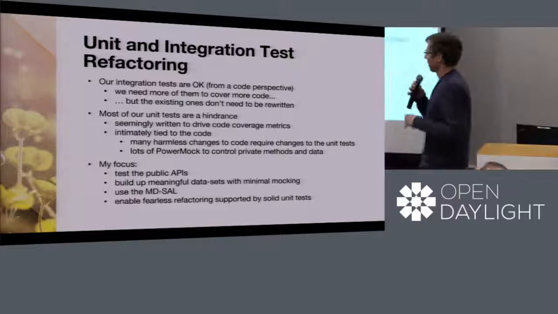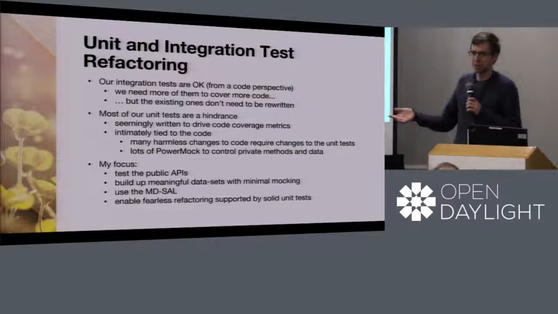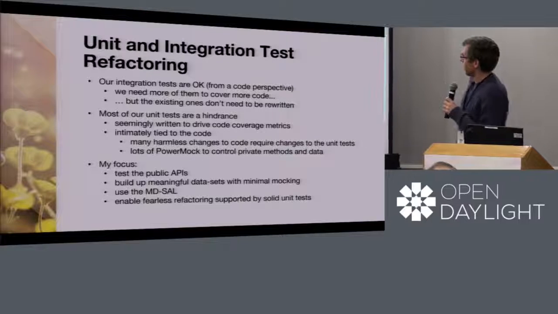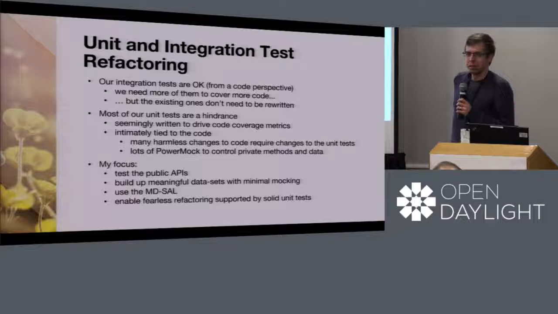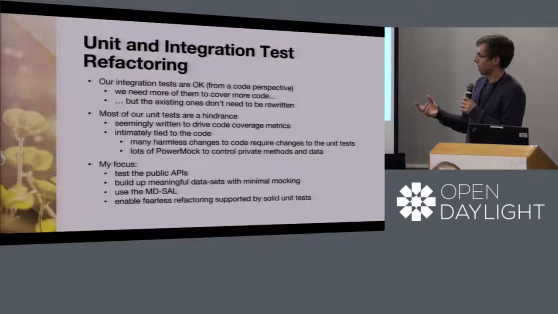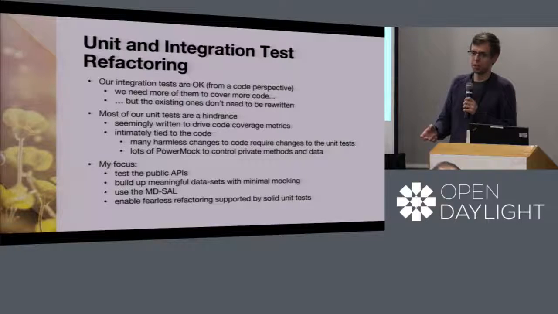This stuff isn't actually specific to OVSDB. We could do it in any project, but I'm doing it in OVSDB. So I noticed that when you do refactoring work, it's nice to have integration tests because they're supposed to be a safety net, except that the tests that we have aren't. They're intimately tied to the implementation, and whenever you change code, you need to change the unit test as well.